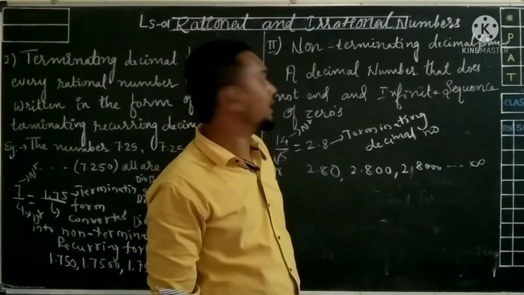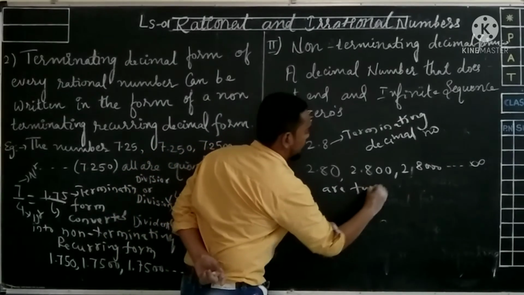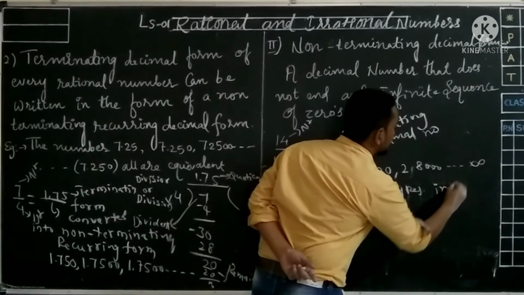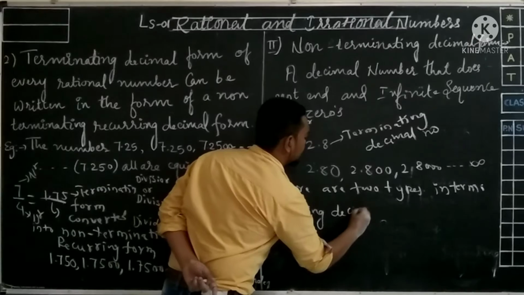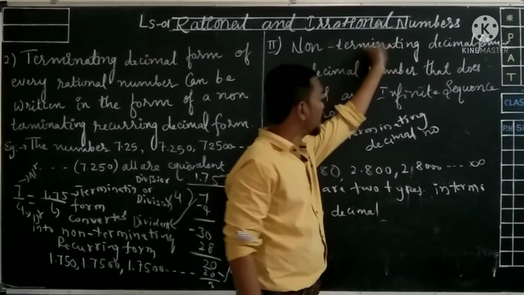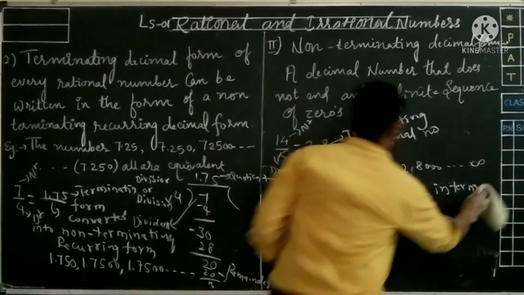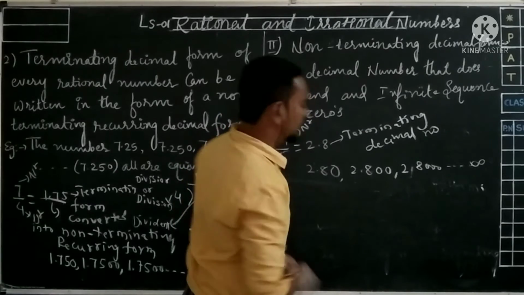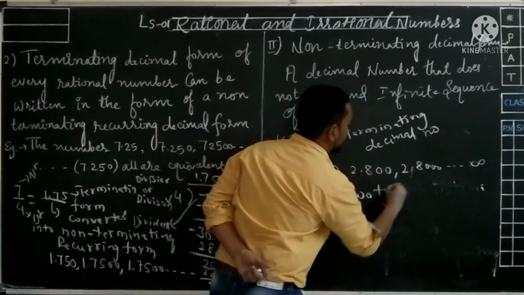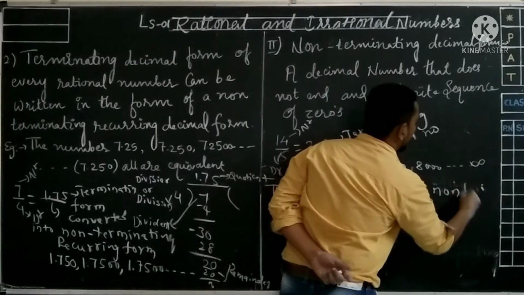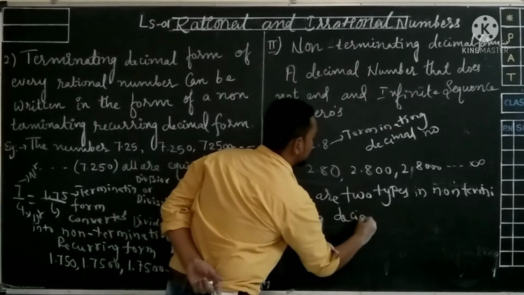There are two types in non-terminating decimal form.